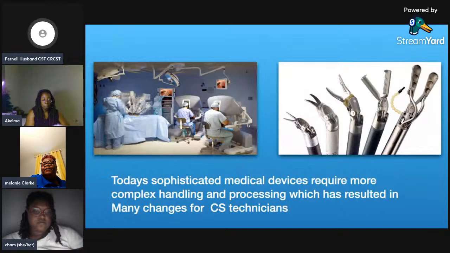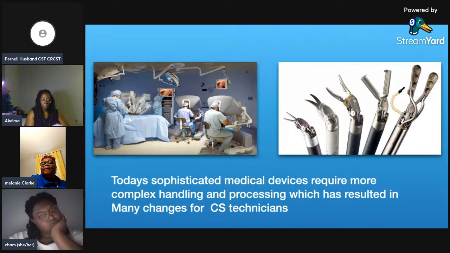Today's sophisticated medical devices, all of the instruments and equipment used to take care of patients, require more complex handling and processing, which has resulted in many changes in the field of sterile processing and for central service technicians.